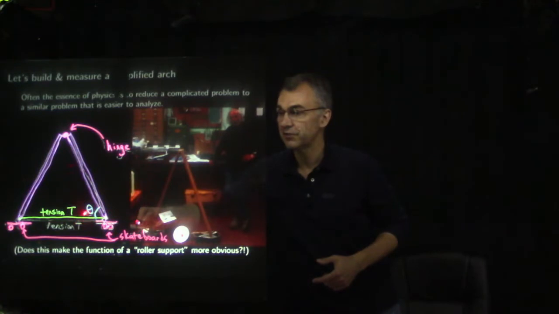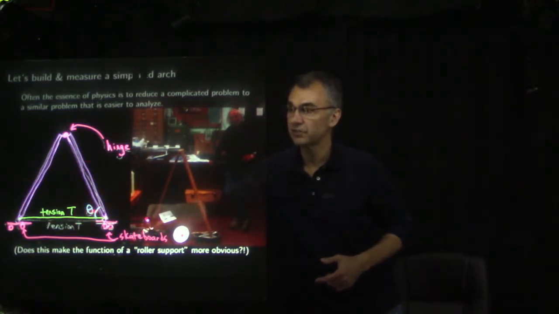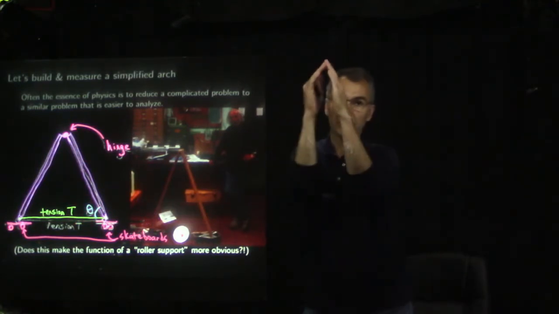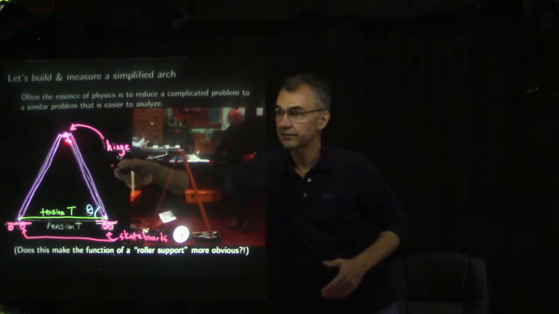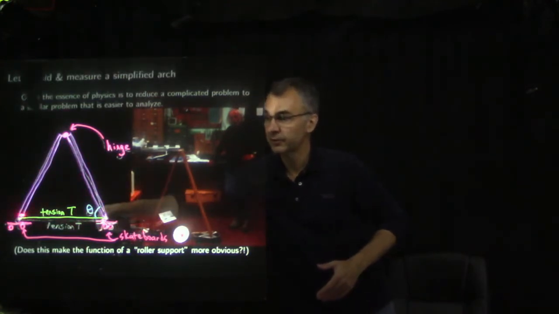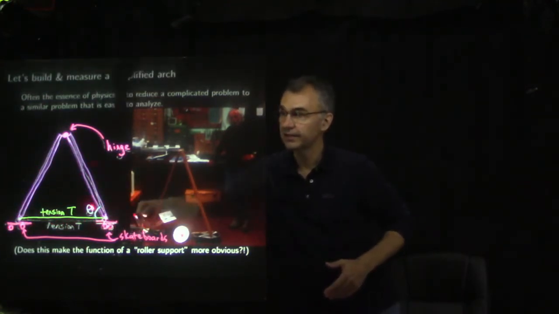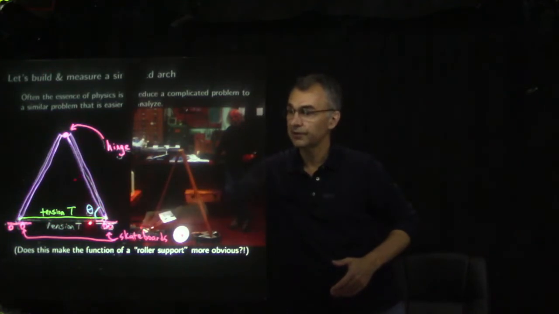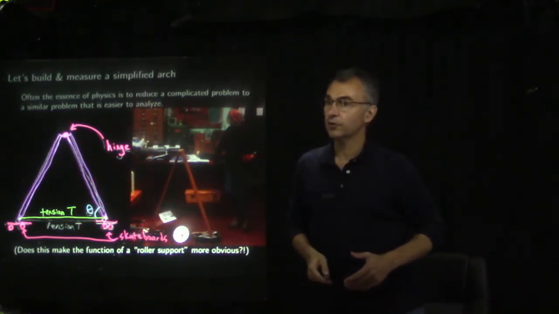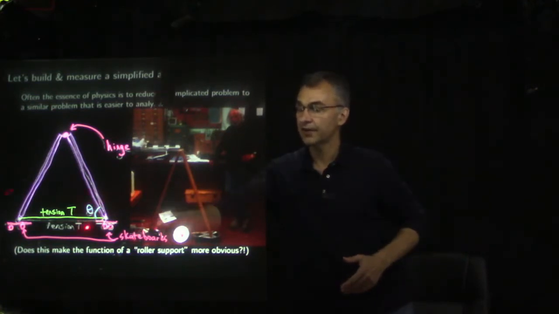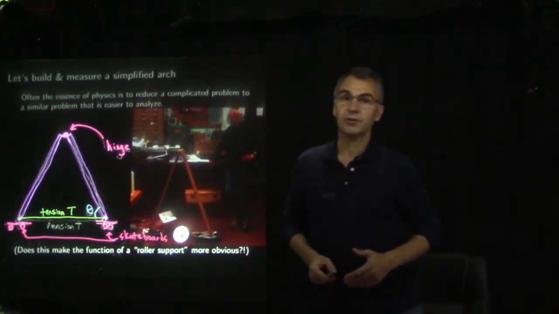We measure that angle, whether it is short and wide or tall and thin, by this angle theta. This angle theta between the horizontal chain and the diagonal wooden plank, we call theta. A small value of theta would be a short, wide arch. A large value of theta would be a tall, thin arch.